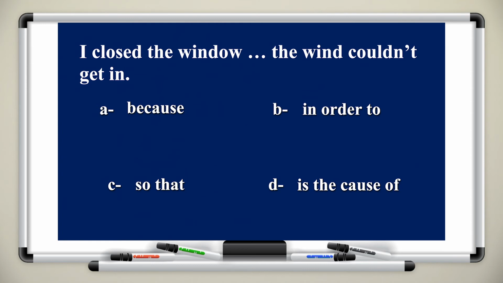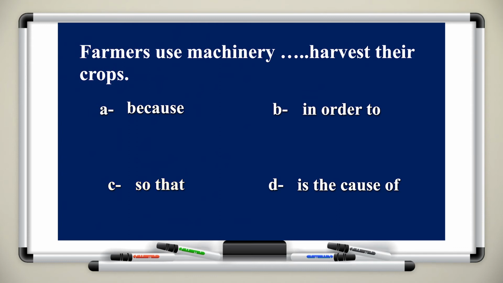Let's look at another example. I closed the window, the wind couldn't get in. What would you use? Because, in order to, so that, or is the cause of. I closed the window so that the wind couldn't get in. Excellent, excellent. Now, another example here: farmers use machinery, harvest their crops. What do you think?